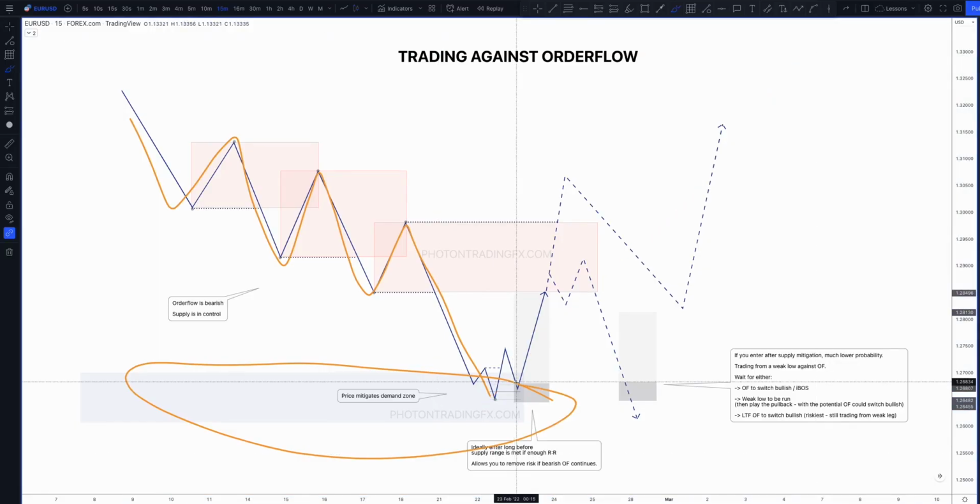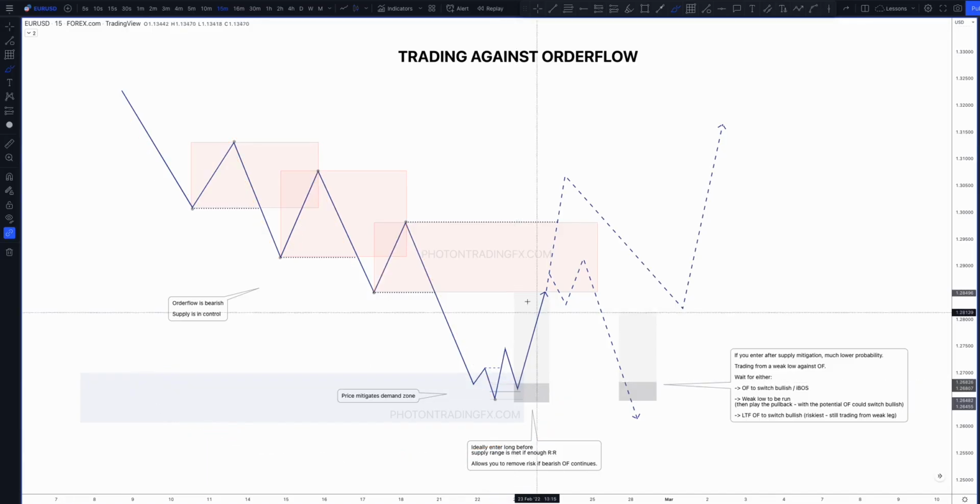That next swing high, to get in long, you do it before price gets up to that protected, strong internal lower high, right?